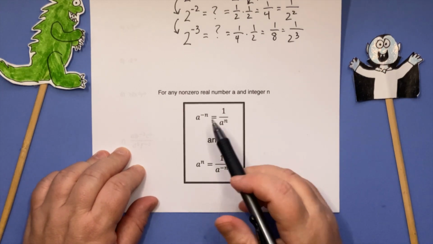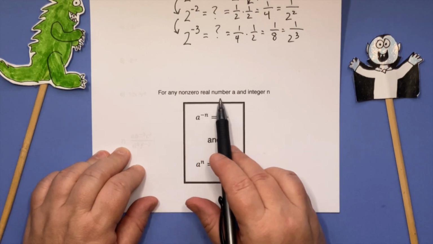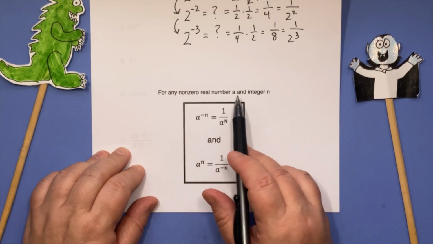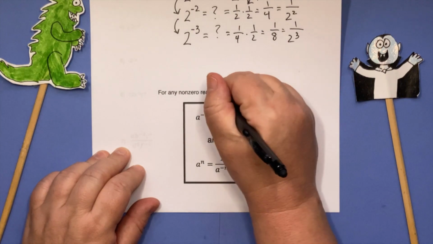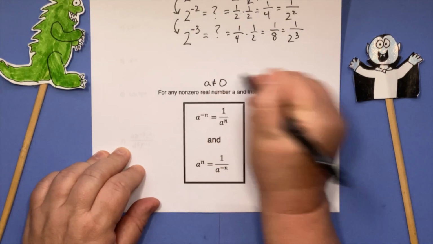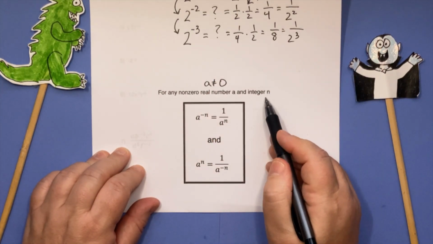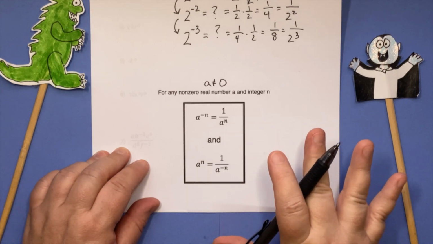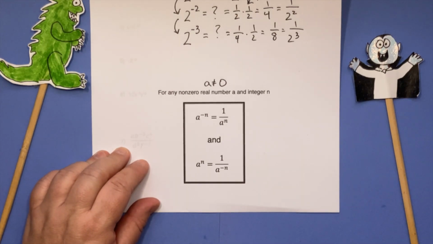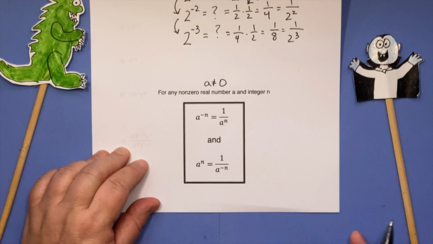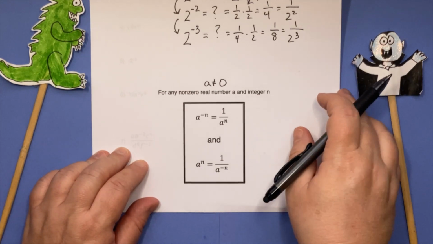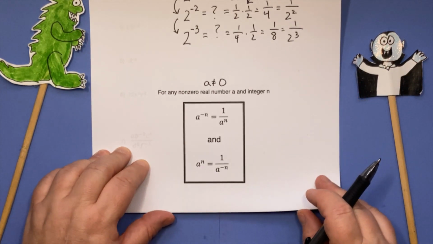So for any non-zero real number a, so a cannot be 0, and n is an integer for now. I know, there are going to be more shenanigans later on, and n gets to be whatever it wants, really. But for right now, n is an integer.